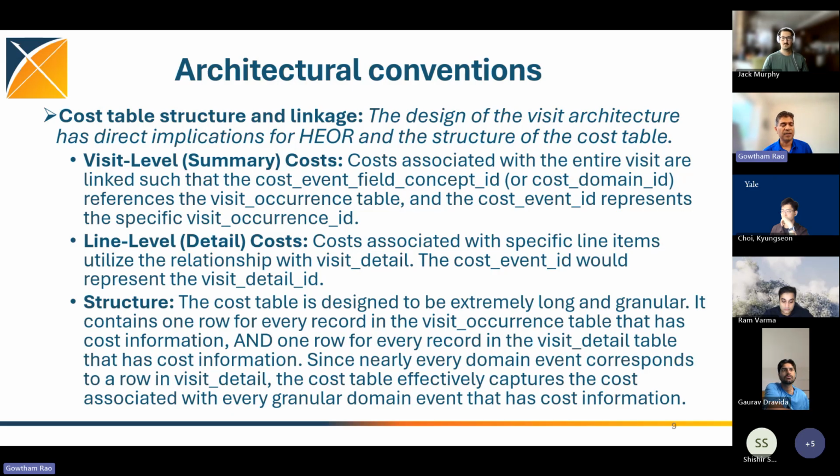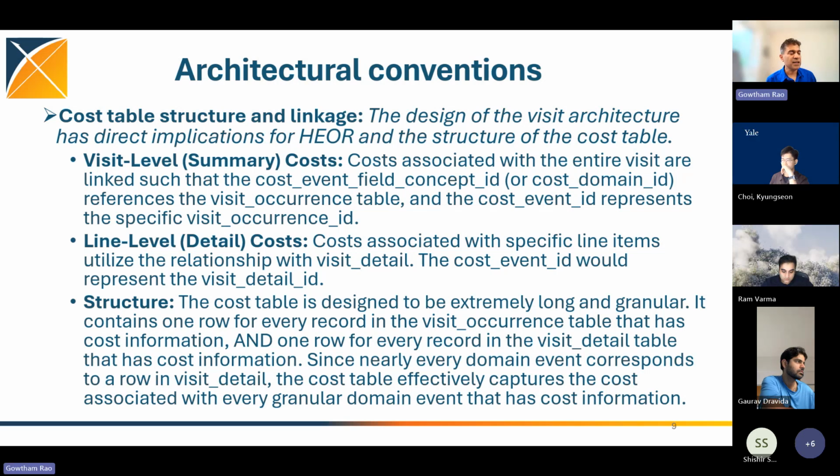So for every record there is a summary in the cost table: the entire visit, the visit occurrence ID, would be linked via the cost event field concept ID through the cost occurrence, and there will be a specific cost type concept ID to say whether this is a summary or detail, I believe.